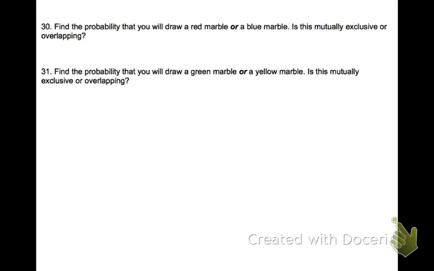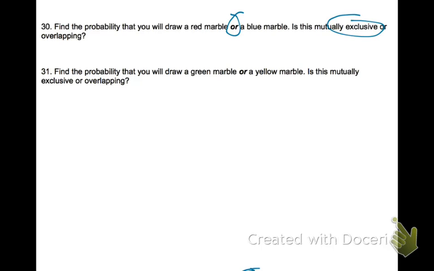Now let's look at 30. Find the probability that you'll draw a red marble or a blue marble. Is it mutually exclusive or overlapping? So since we're asking one or the other, we're going to add red and blue. We cannot have a marble that is both red and blue in this case, so these are exclusive.